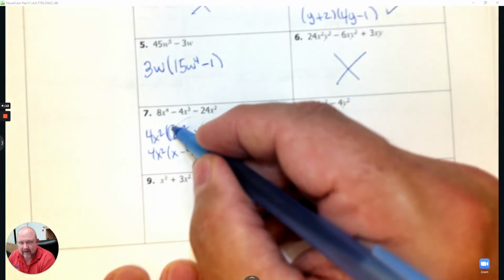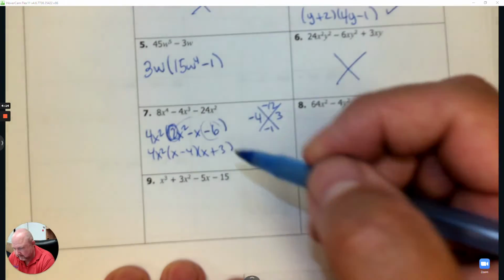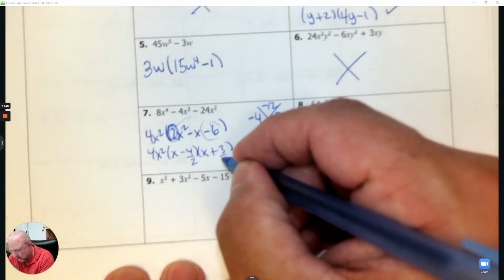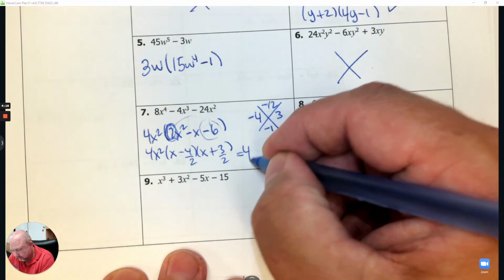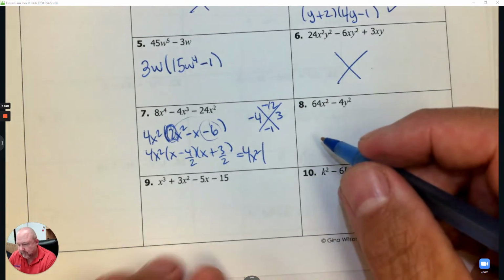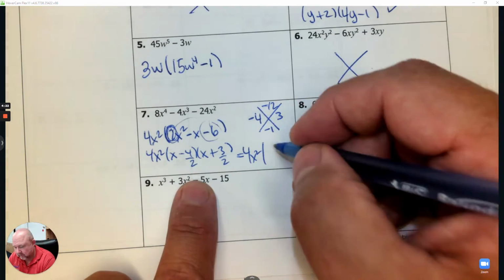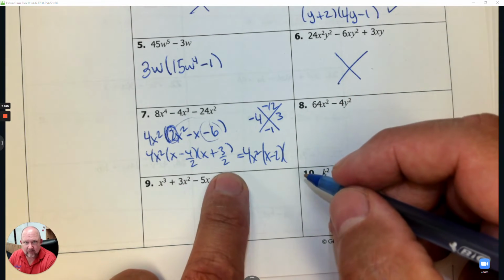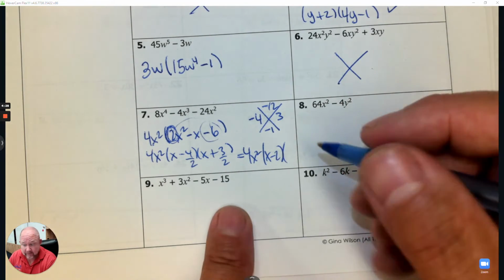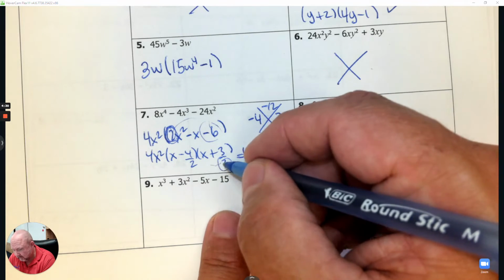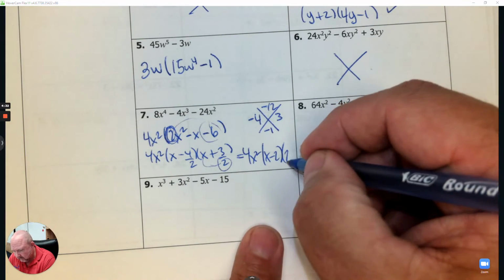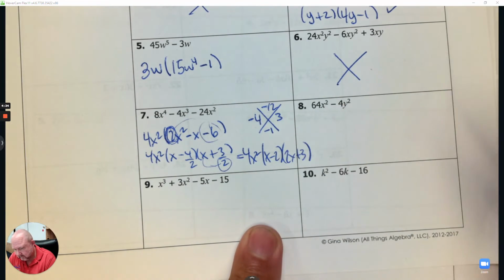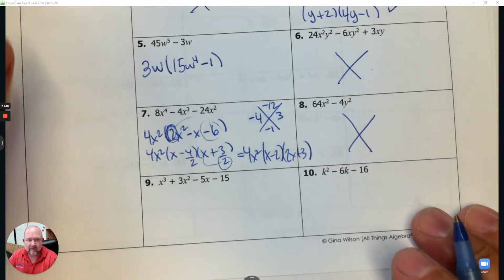Then I'm going to take that 2, that leading number there, and divide both numbers by 2. So 4 divided by 2 is 2. And then 3 divided by 2 is in lowest terms, doesn't divide, so that 2 slides in front. So it's 2x plus 3. Not going to do the multivariable.